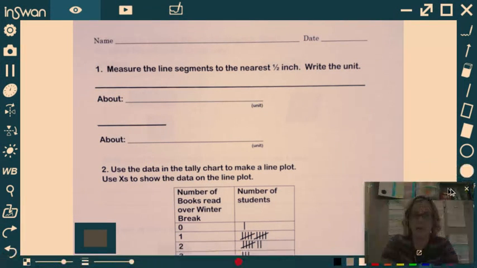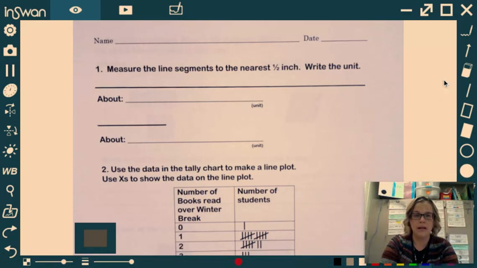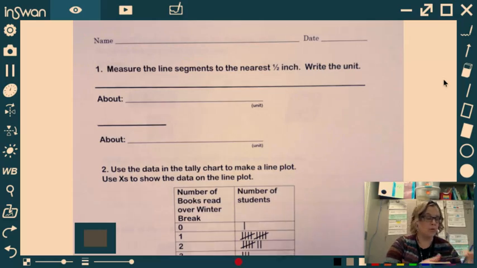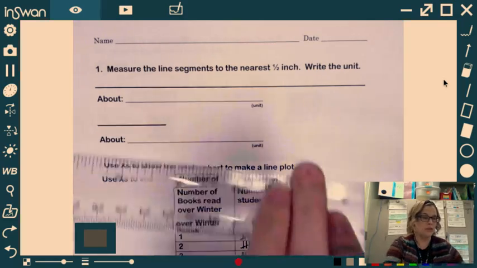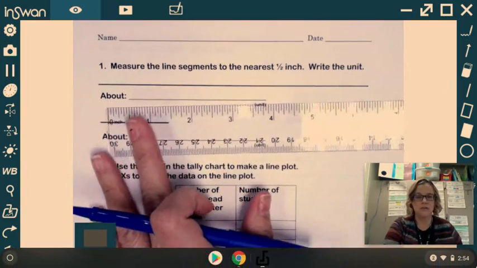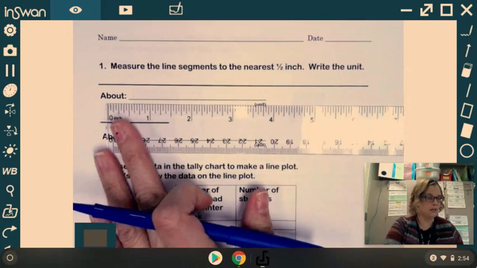So on the test, the first question says to measure the line segments to the nearest ½ inch. I have my ruler here, and I'm going to flip it to the inch side so that you guys can see it.